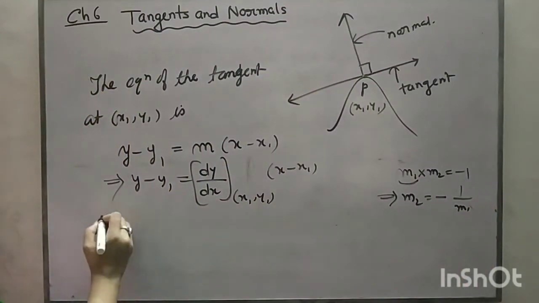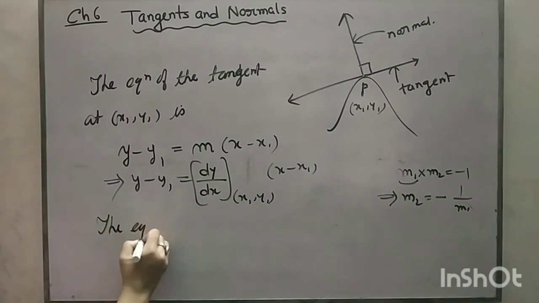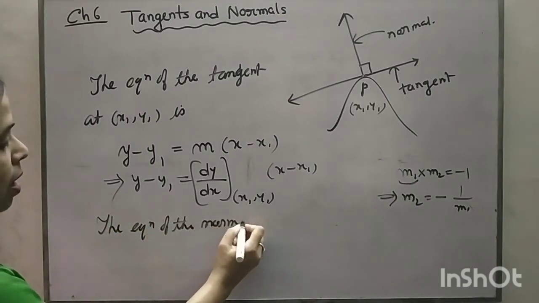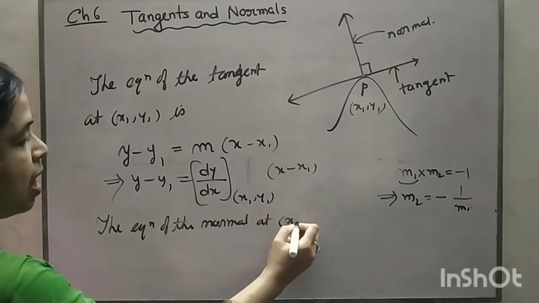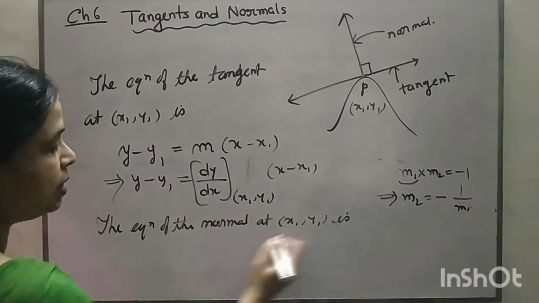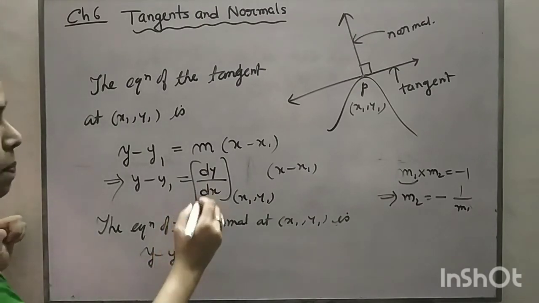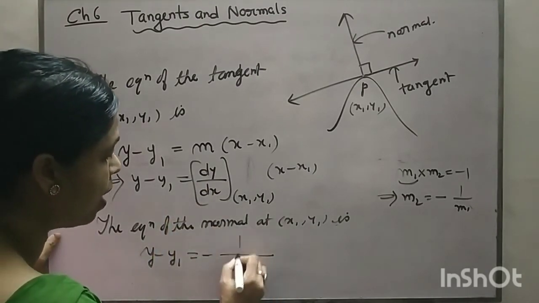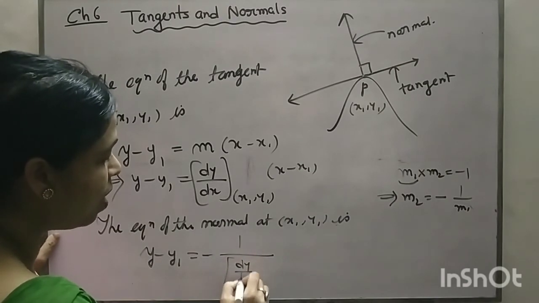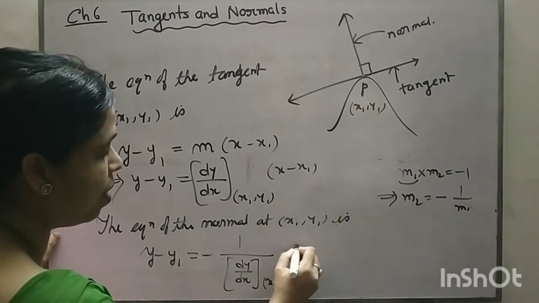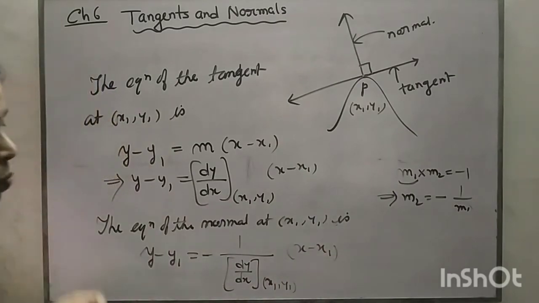So the equation of the normal at x1, y1 is what? Y minus y1 is equal to, in the place of dy dx I have to write 1 by dy dx at the point x1, y1, into x minus x1.